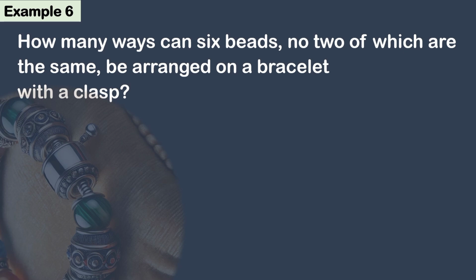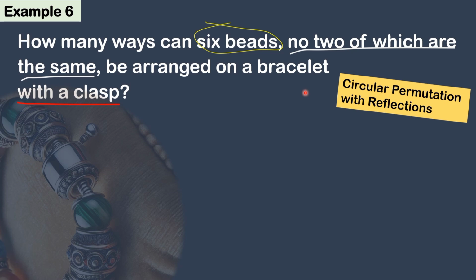Example 6. How many ways can 6 beads, no 2 of which are the same, be arranged on a bracelet with a clasp? This involves circular permutation with reflection. That is n factorial over 2. Why n factorial instead of n-1 quantity factorial?